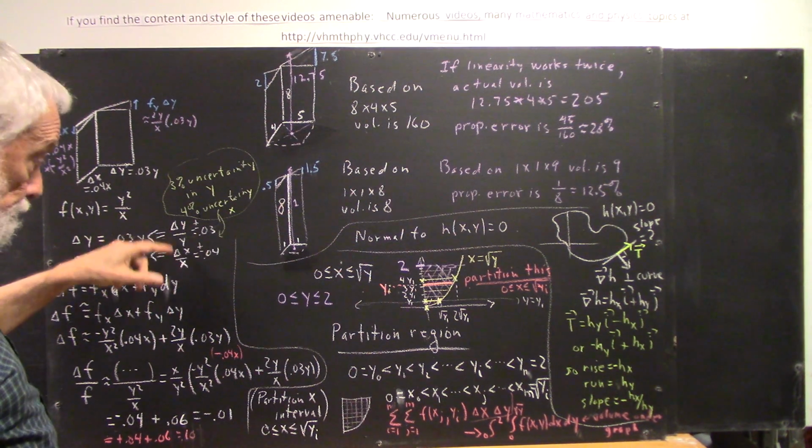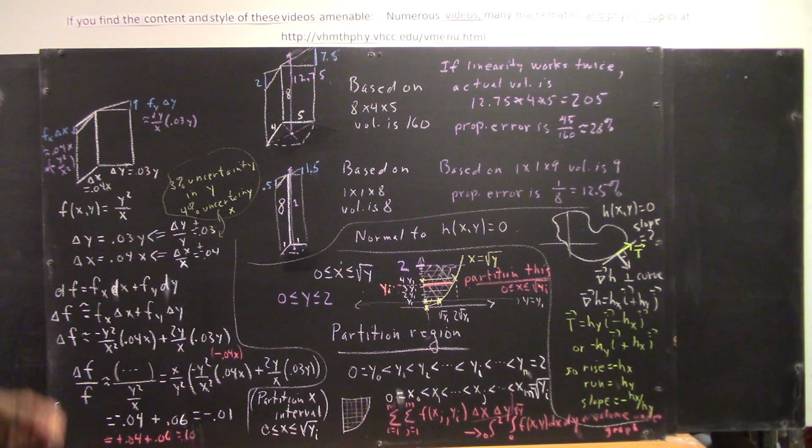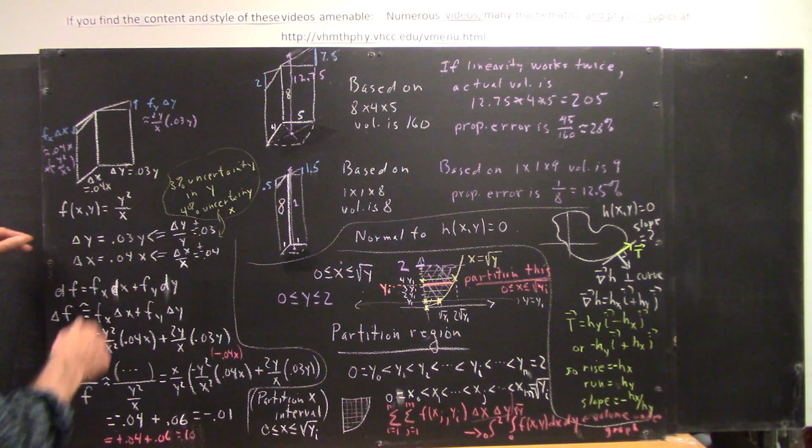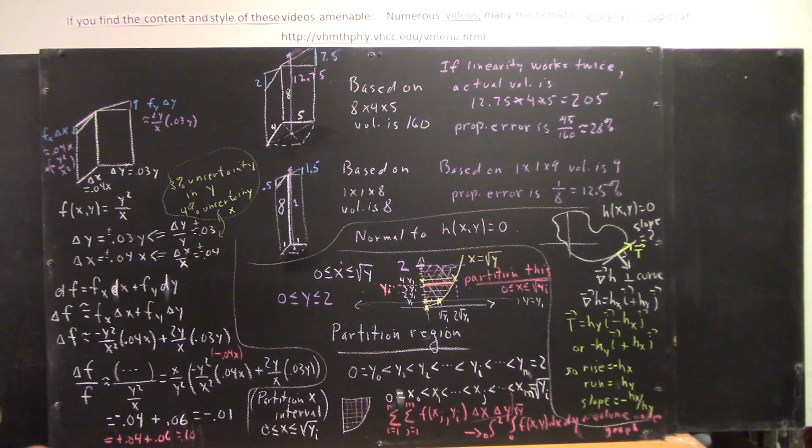And similarly, delta x over x would be plus or minus 0.04. So I wrote delta y as 0.03y and delta x as 0.04x. Actually, each is a plus or minus.